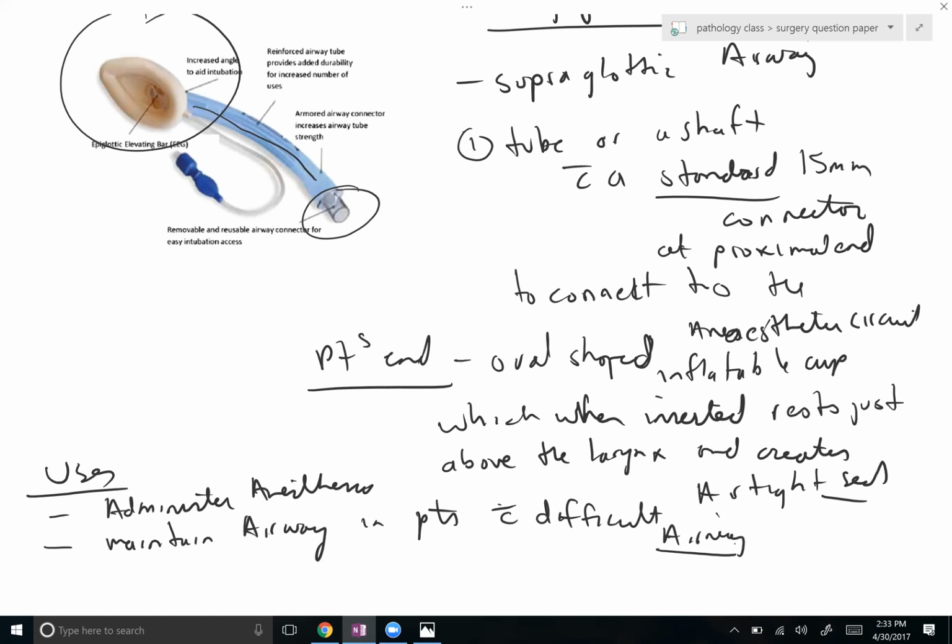It can also be used as a conduit for passage of the ET tube, that is endotracheal tube, either blindly or with the use of a fiber optic bronchoscope. These are the uses of laryngeal mask airway.